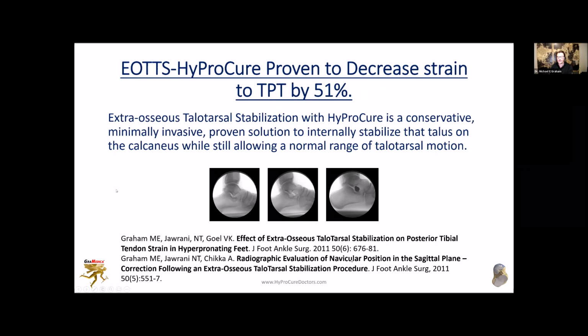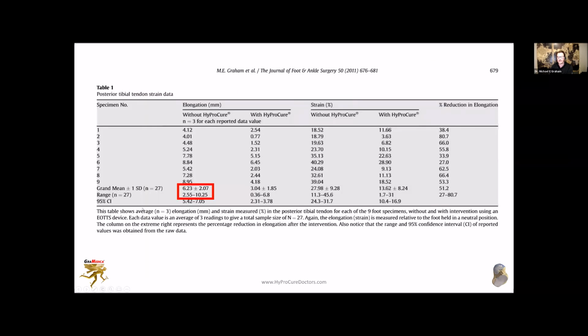So that's also then again another way that we stabilize the medial longitudinal arch with insertion of HyProCure. So this is the data from the study showing how we decreased the elongation force and the strain on the posterior tibial tendon by 51%.